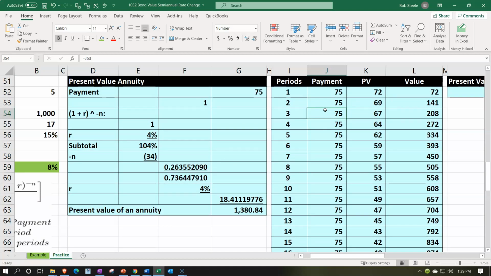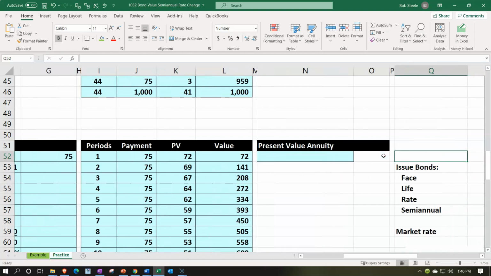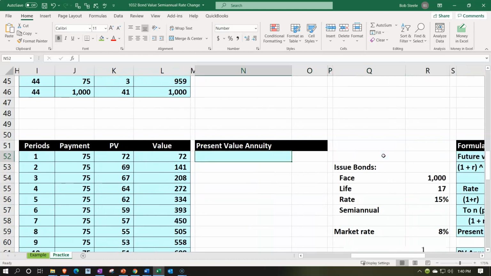So then let's calculate this 1,380 again, using an annuity calculation in Excel, the easy way, the Excel way.